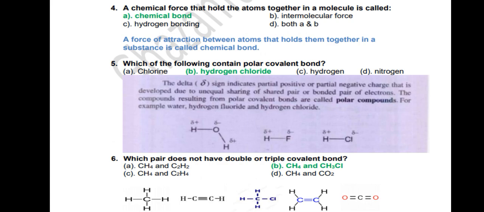In option B, methane, all the bonds are single, and methyl chloride, all bonds are single. So option B will be correct because in methyl chloride and methane all bonds are single bond. In option C, again there is ethene, which contain double covalent bond, and in option D, carbon dioxide, that also contain a double covalent bond. There are two double covalent bonds between carbon and oxygen, so option B will be correct, that contain all the single bonds.